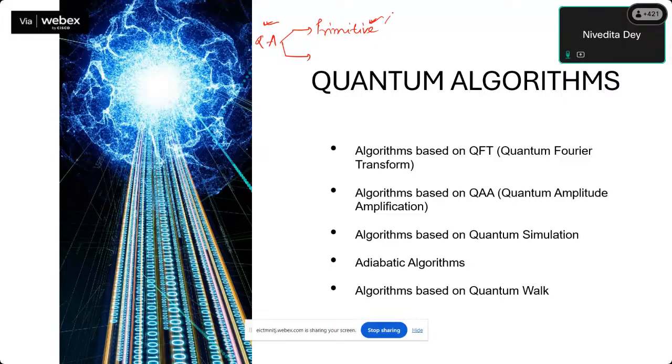The very basic, first algorithm was the Deutsch algorithm, named after the scientist who discovered it. Then he, along with a friend, Richard Jozsa, I think that's the pronunciation, discovered another algorithm called the Deutsch-Jozsa algorithm, which is an extension of the Deutsch algorithm.